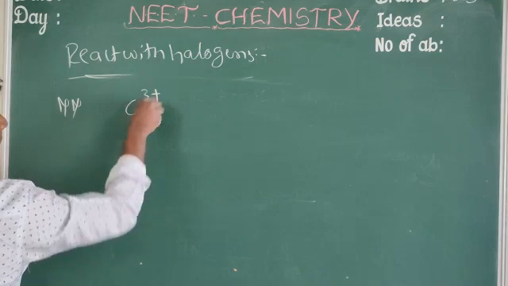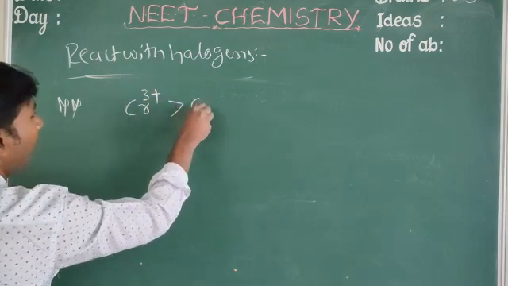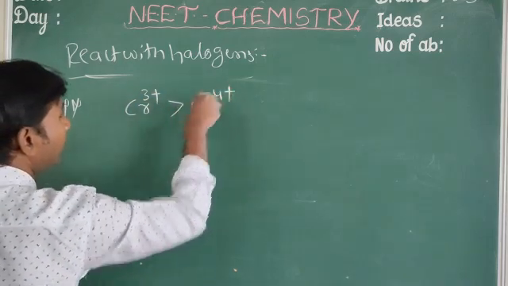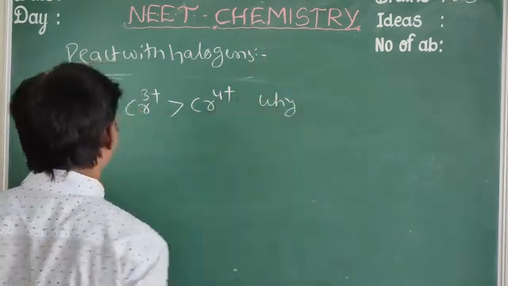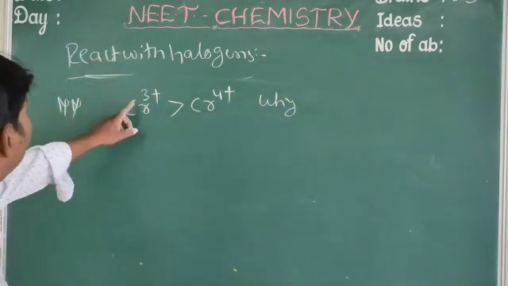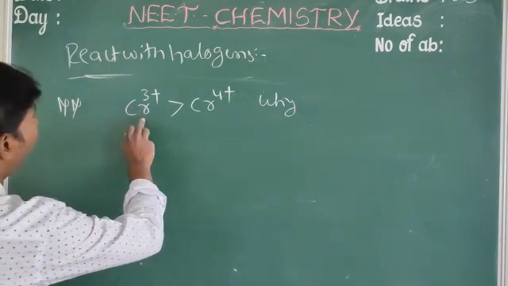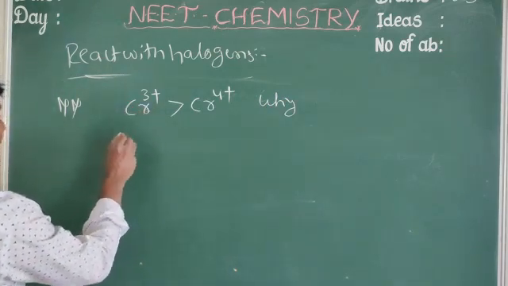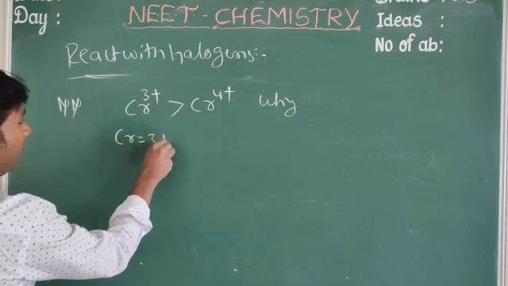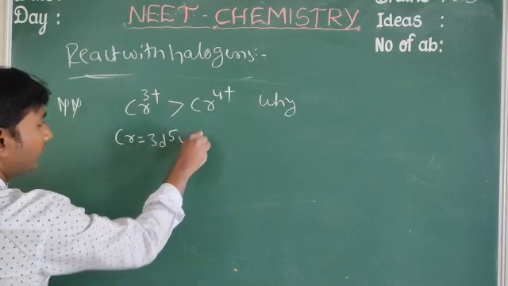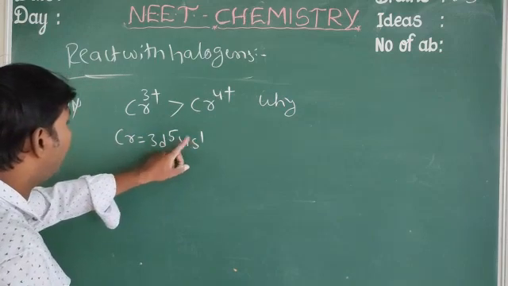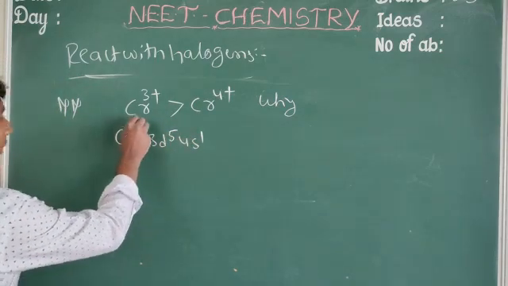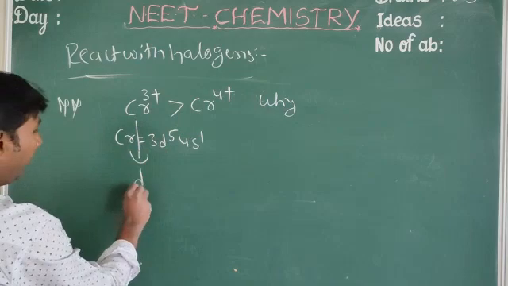Some important points. Why is Cr3+ more stable than Cr4+? Chromium is 3d5 4s1; for Cr3+, three electrons are lost, so it is d3.